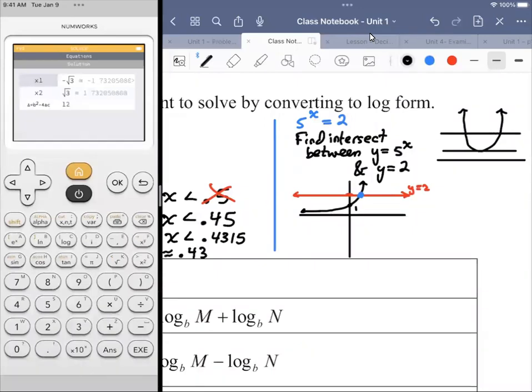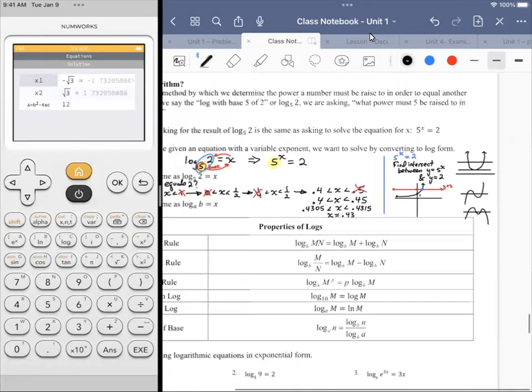So with cases of functions that turn around upon themselves, it could be a quadratic, it could be a cubic, it could be a quartic. Any of these could have multiple solutions, so we have to be on the lookout for that. All right. But we're focusing on exponentials. They can only have one intersection. So once you find the one intersection, you're done. You don't have to go looking for another. You don't have to go wondering if maybe I missed one along the way. Once you find the one intersection, you're good to go.